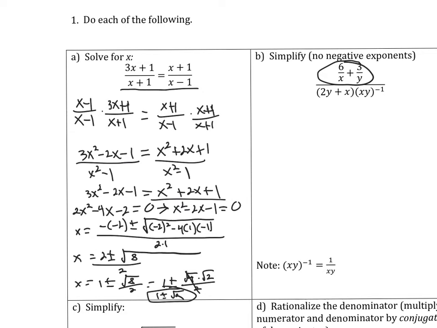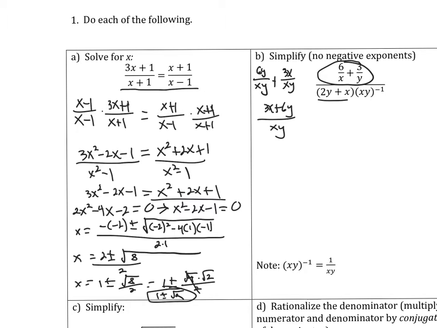So we're going to end up with 6y over xy by multiplying top and bottom by y, plus 3x over xy, again multiplying top and bottom by x over x, which is just 1. And that's going to give us 3x plus 6y over xy.